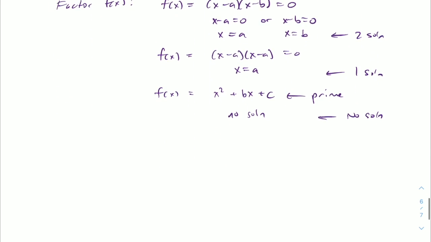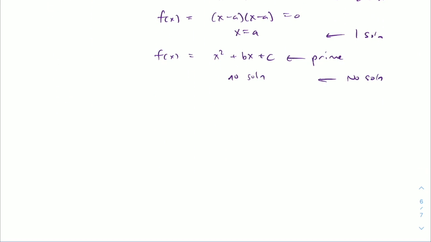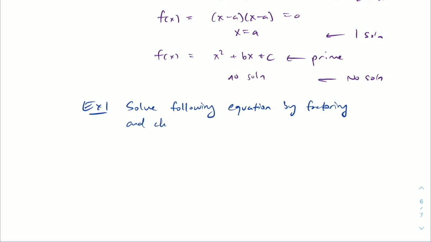All right, let's look at an example. So in this example, we're going to solve the following equation by factoring and by graphing. Let's just say we'll check our work with a graph.